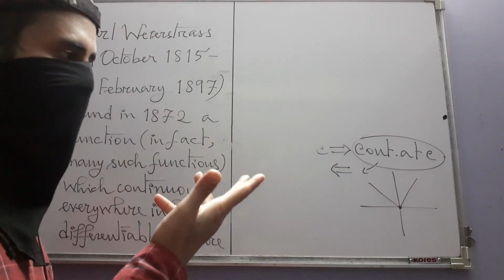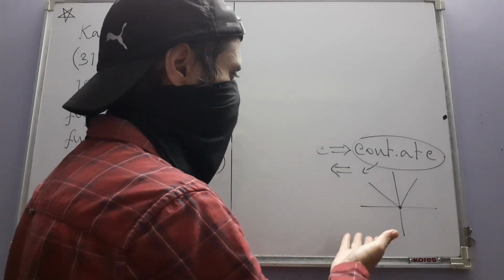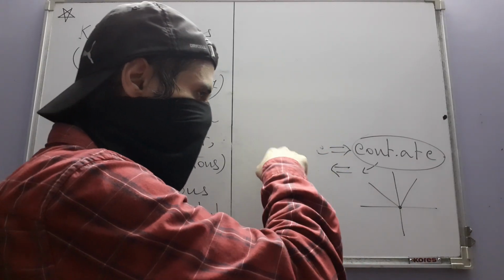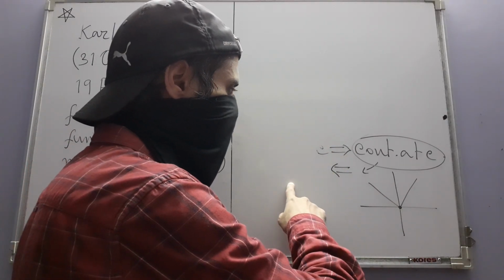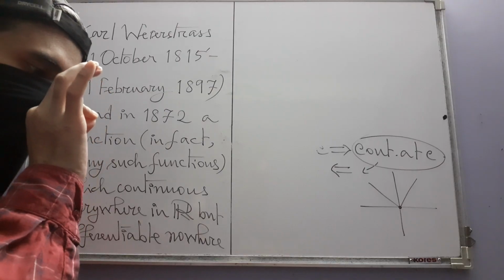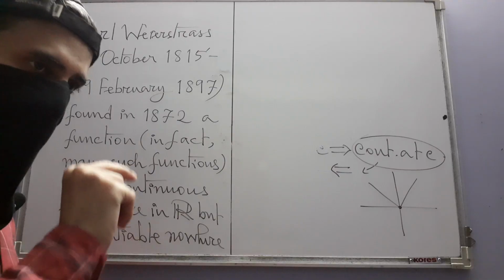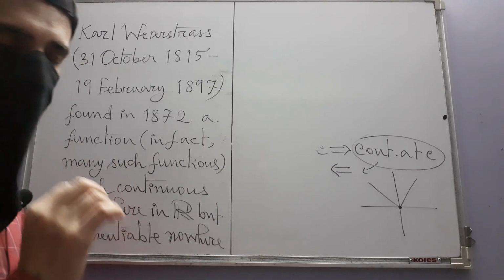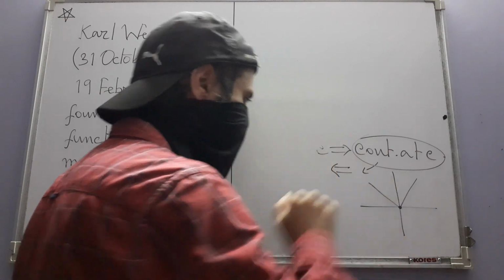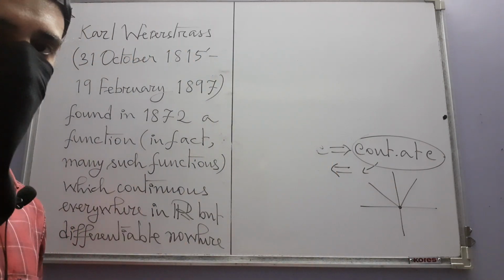I mean, you can just imagine that the graph looks like a coastline which is so irregular that it seems to be jagged at every point. No matter wherever you zoom in, you find jagged edges. Whatever point you zoom in on, that point is a corner of the graph like this.